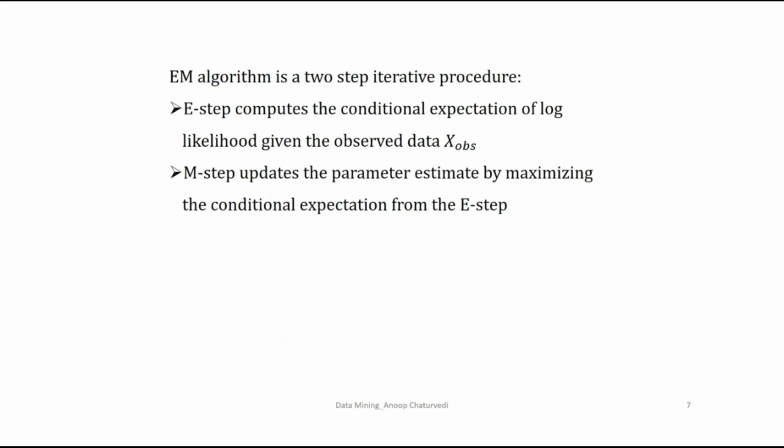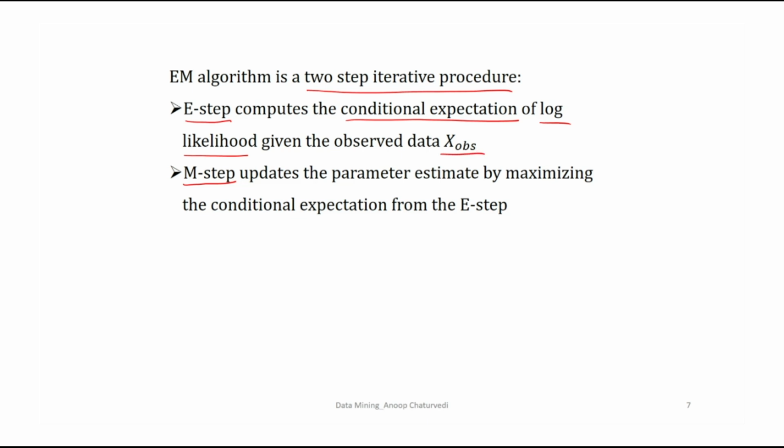So, one can go for the EM algorithm. The EM algorithm is a two-step iterative procedure. It has two steps: one is the E step and the second is the M step. In the E step, we compute the conditional expectation of the log likelihood given the observed data x observed.